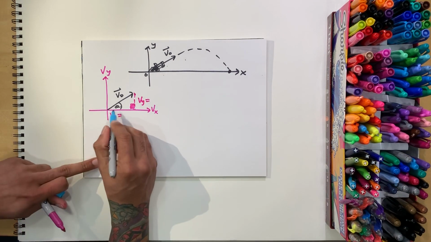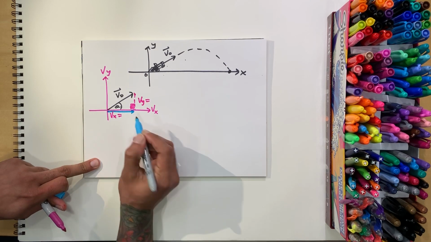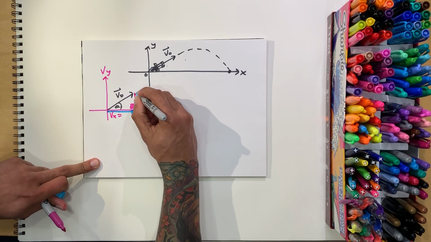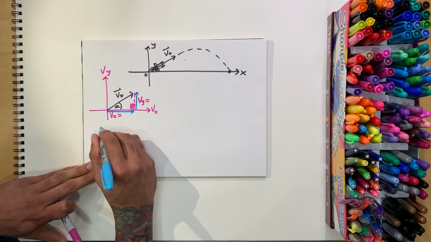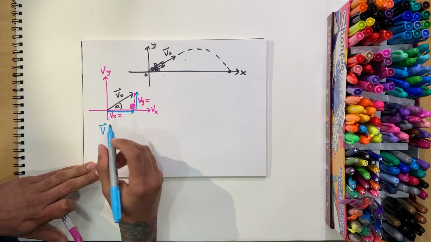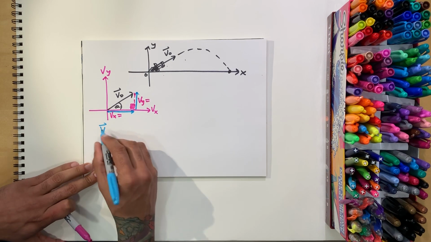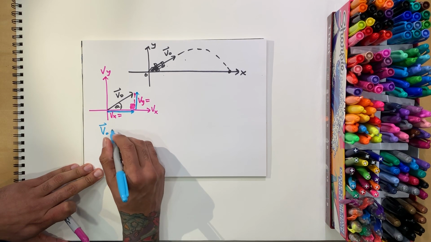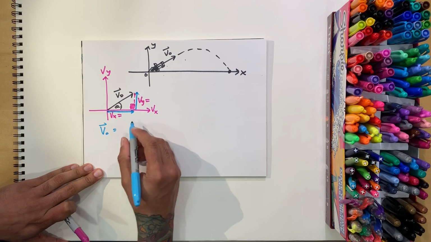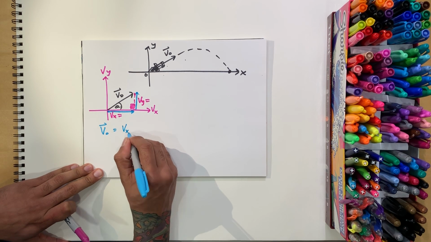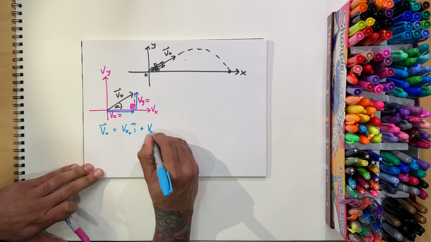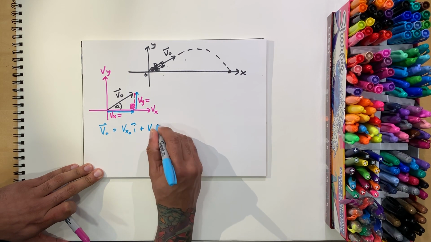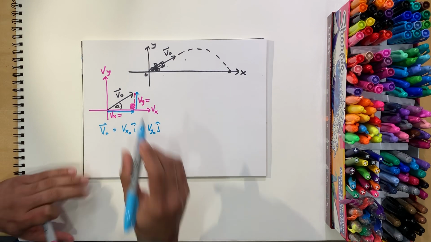So it's going to be a vector like that for the vx, a vector like that for the vy, because remember that v, we could put initial there. So we can put initial, then this is vx initial in the i hat plus vy initial in the j hat.